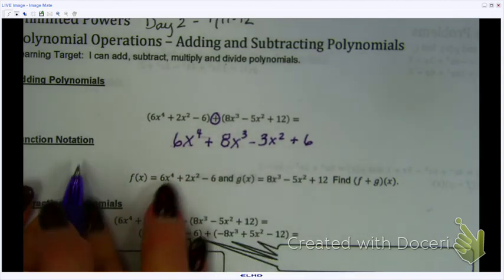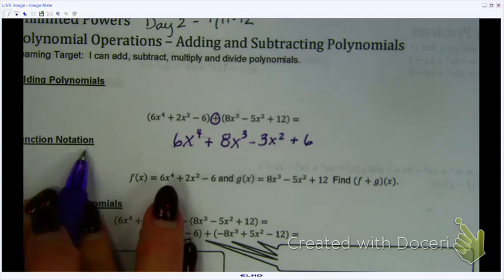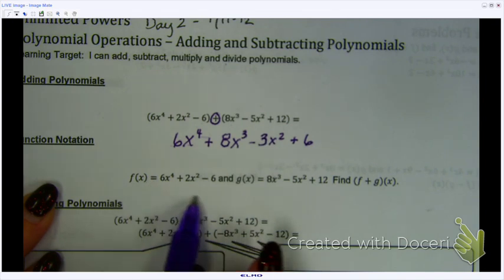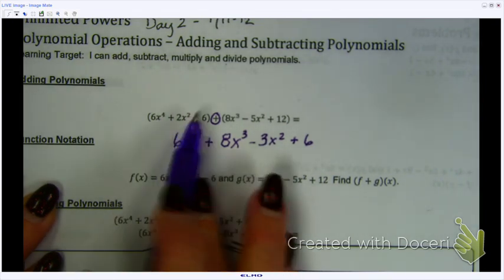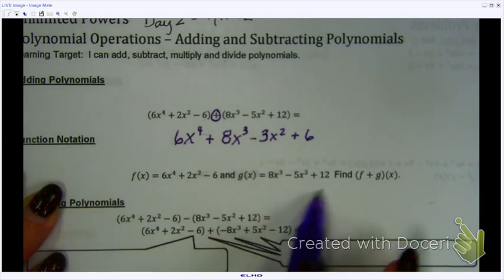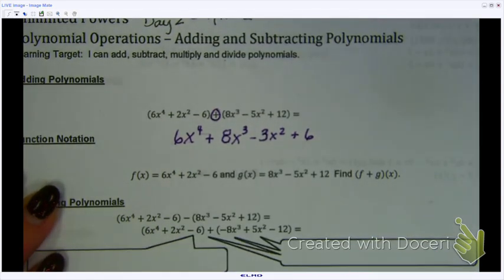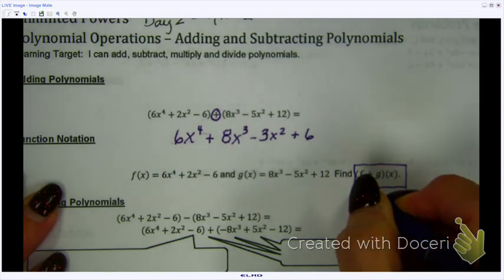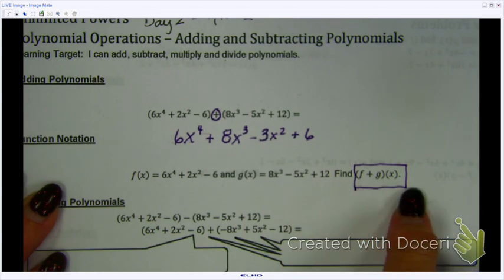So the next thing we're looking at is how this is written in function notation. If I am given this function, which is that first piece, as f of x, and this function, which is the second piece, as g of x, what you will see written in the question is f plus g of x.